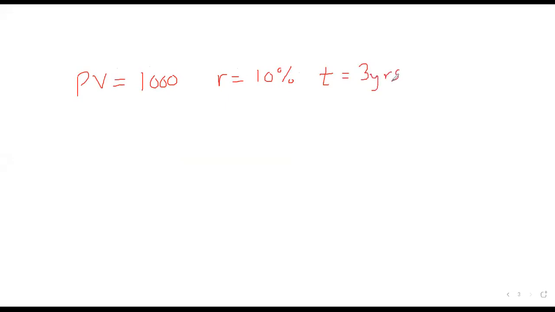So number one, find the future value if compounded annually. Find the future value if compounded semi-annually. Find the future value if compounded quarterly. So can somebody lead us in any of these three from what I have discussed?